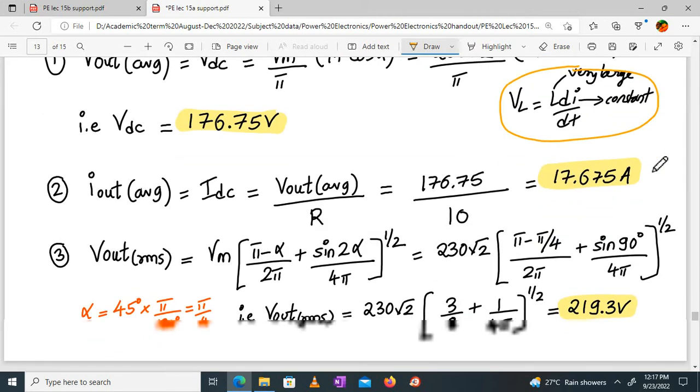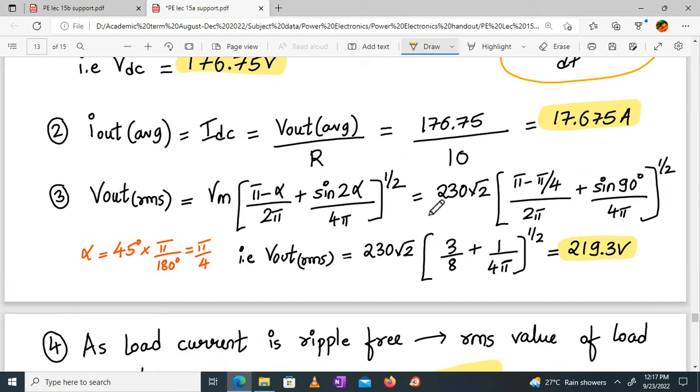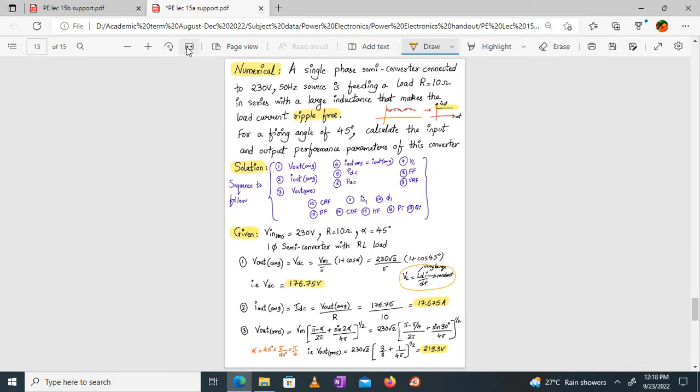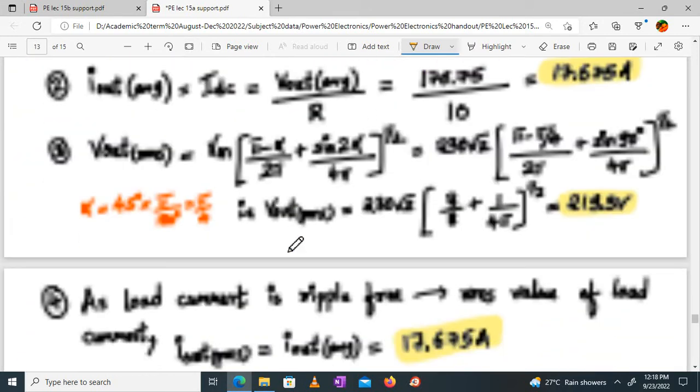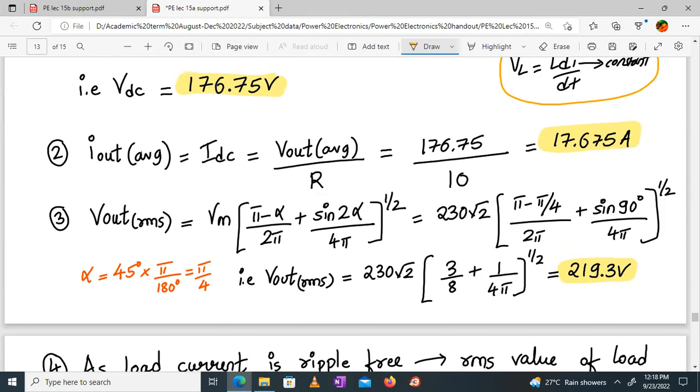Yes? Now V out RMS. It's Vm into (pi minus alpha upon 2 pi plus sine 2 alpha upon 4 pi) raised to half. And what is Vm? 230 root 2.